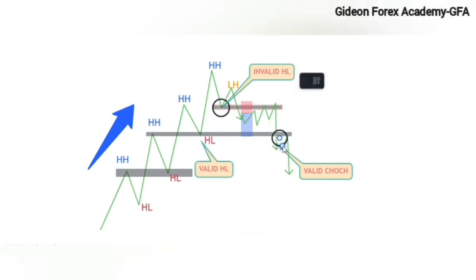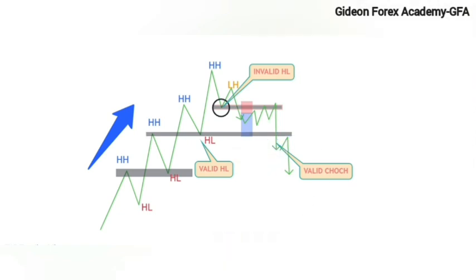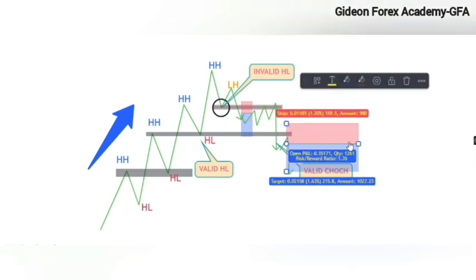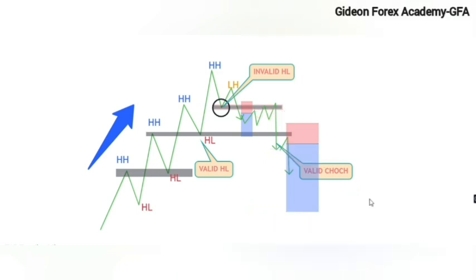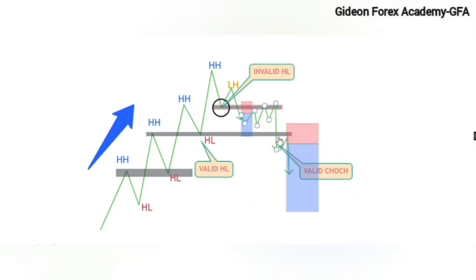As you can see in this illustration, the price breaks below this higher low. And so you can confidently consider placing your sell trade after the retest and all the way down. This is what you would do, because this would be a valid change of character.